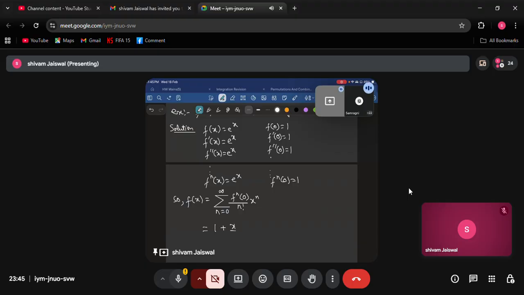So 1 plus x by 1 factorial plus x square by 2 factorial plus x cube by 3 factorial plus dot dot dot up to infinity. Is it clear, everyone? So this is the expansion of e to the power x.